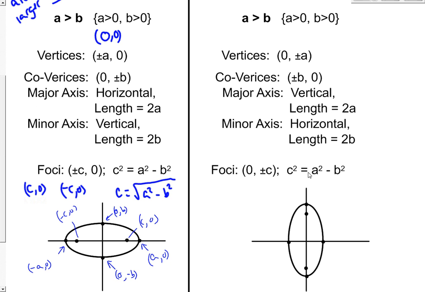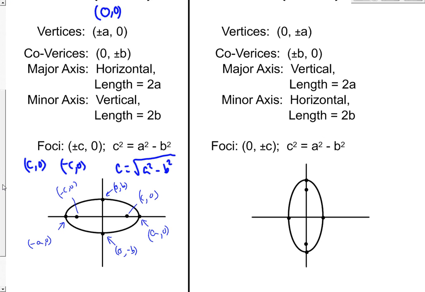And for the foci, again, you're going to calculate the same way we did over here, but you're adding and subtracting from the y value of the vertex, so you're going to end up with the origin at 0, 0. You have 0, comma, positive, negative c.